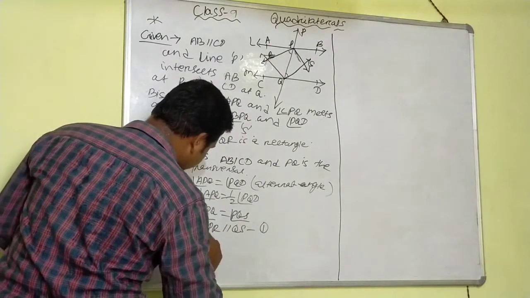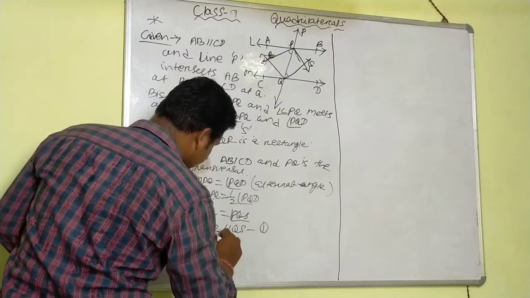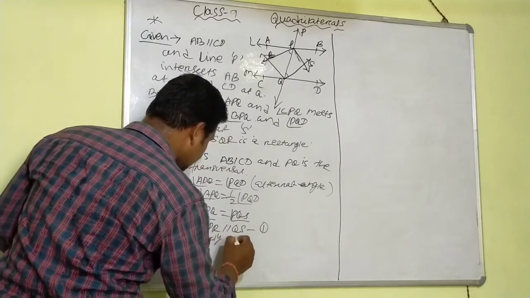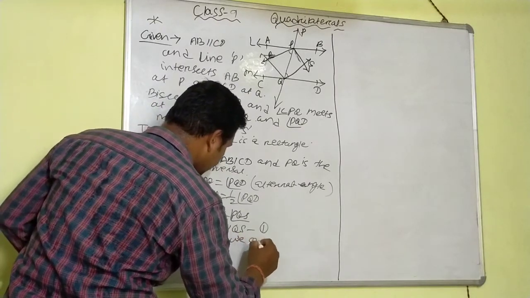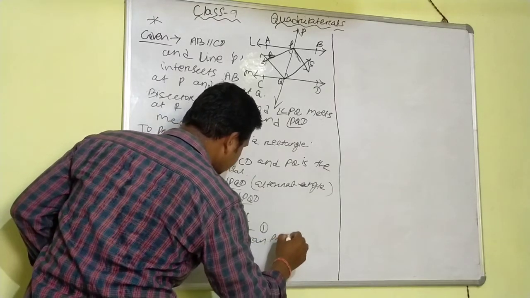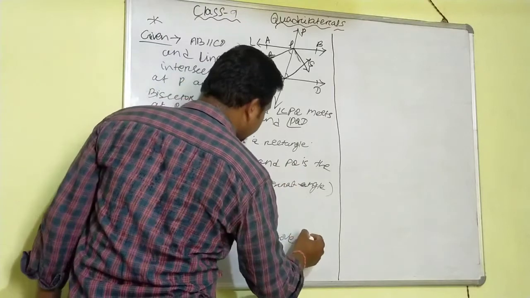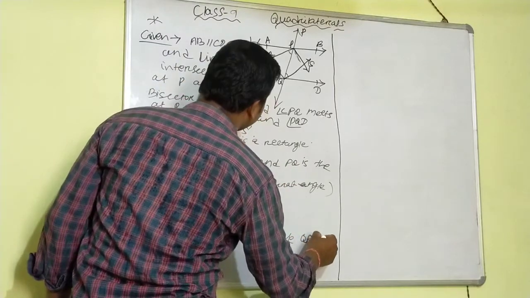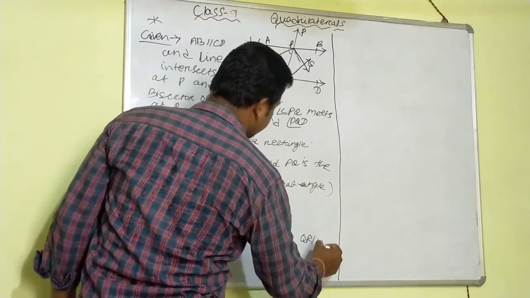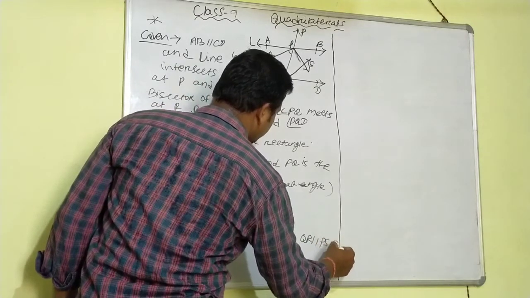Similarly, we can prove the other side, that QR is parallel to PS. You see, 2.